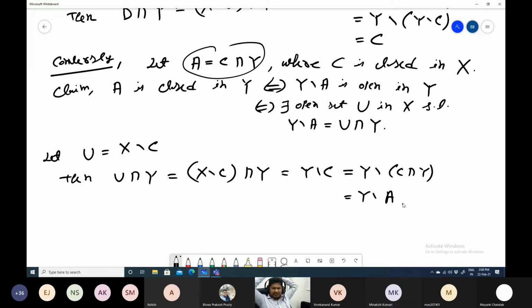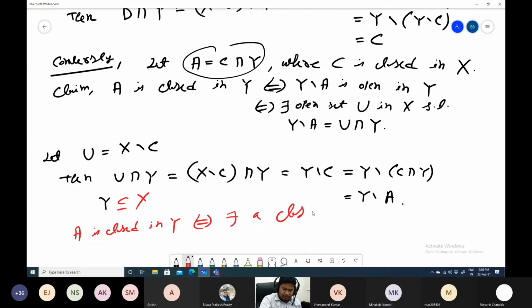So that is a very simple one, right? Any problem on this? That is very simple. That means from now onwards you can say that if Y is a subspace of X, then any set A is closed in Y if and only if there exists a closed set C in X such that A equals C intersection Y, right?